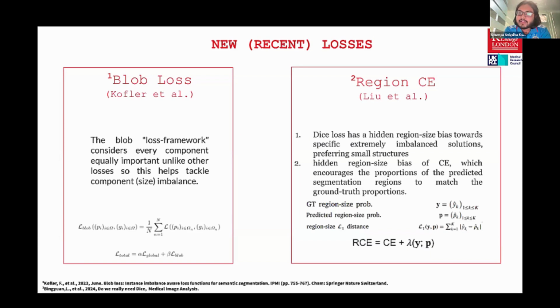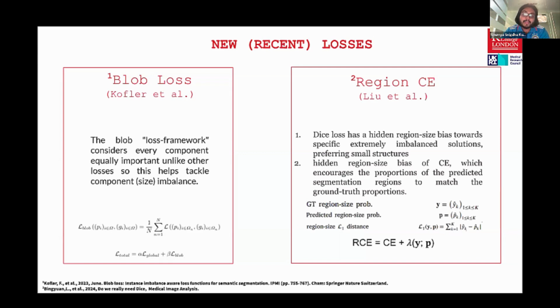They also had another really interesting finding where Dice is preferring smaller instances, and is biased to the size of the instance, but in the case of cross entropy, it's more biased to the proportions of the instance. So they very neatly solve it by taking the L1 between the region sizes.